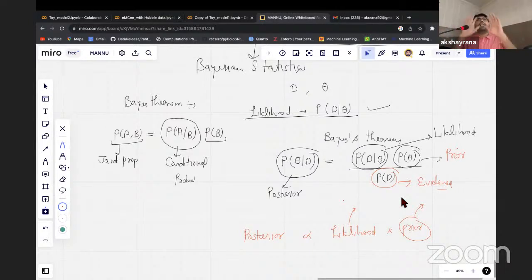I'll give you independent data. You collected some data from somewhere. But along with that, you must know some information about these parameters from some independent analysis, the information you have about your model parameters without looking at the data beforehand.